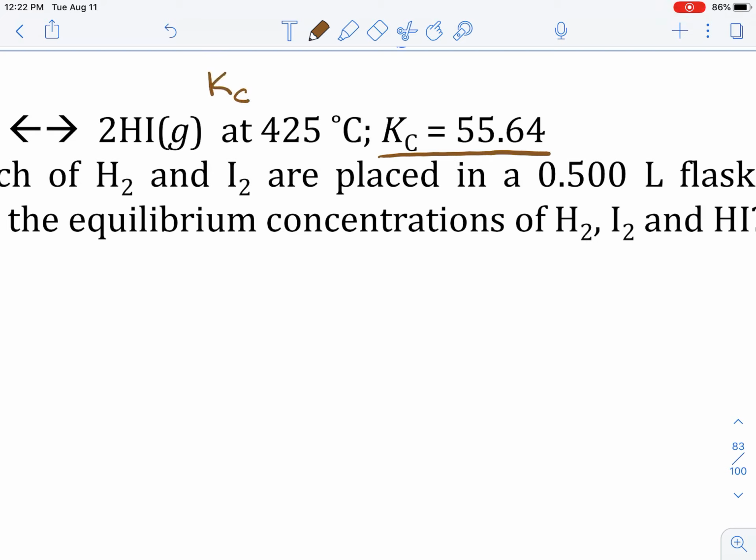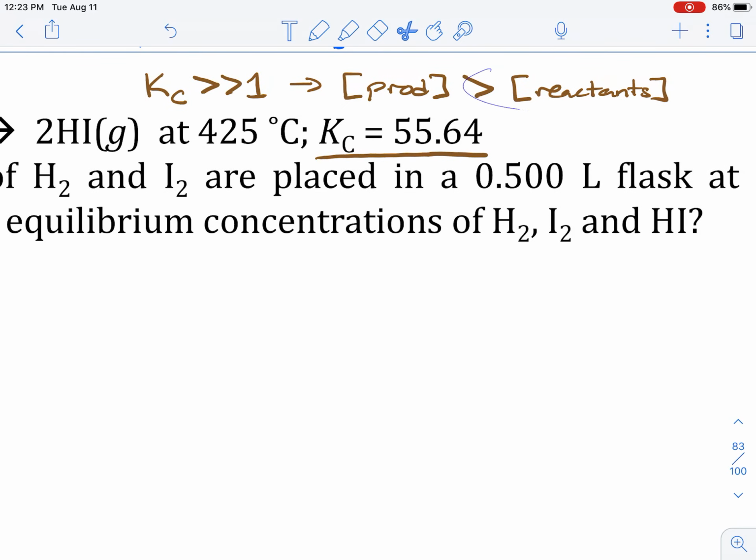And so if you recall from a previous lecture, if Kc is far, far greater than 1, then we know that the concentration of the products is going to be favored at equilibrium. In other words, it's going to be much larger than the concentration of the reactants at equilibrium.